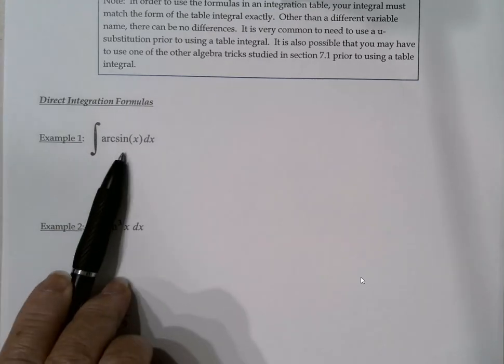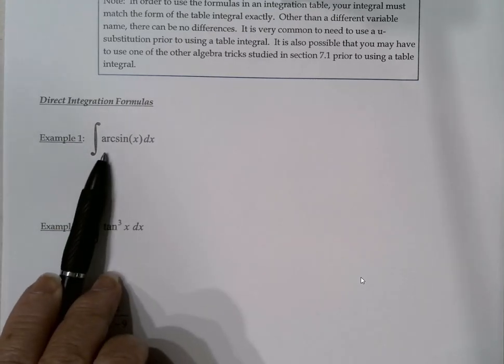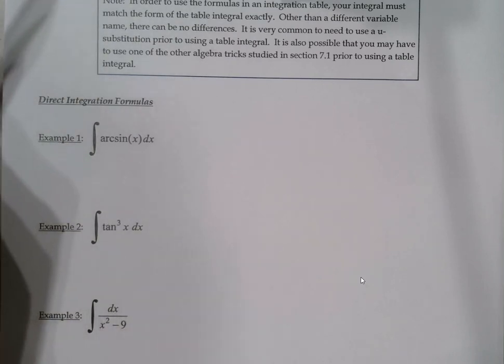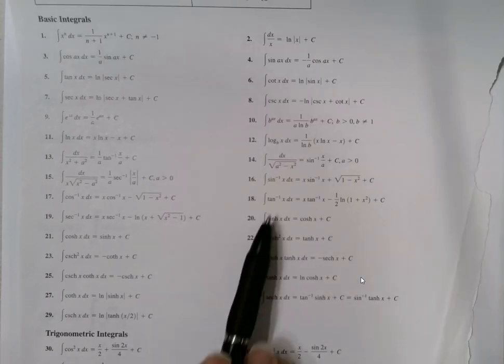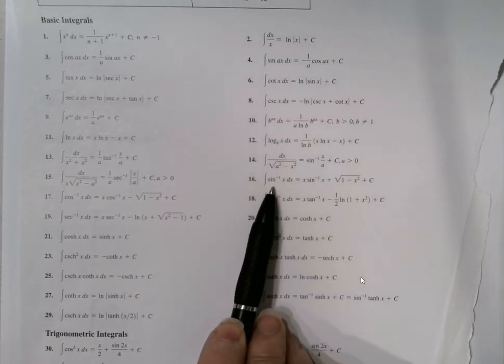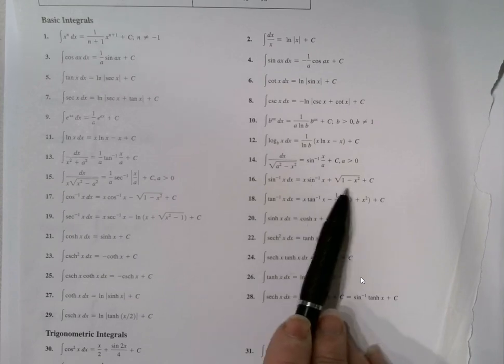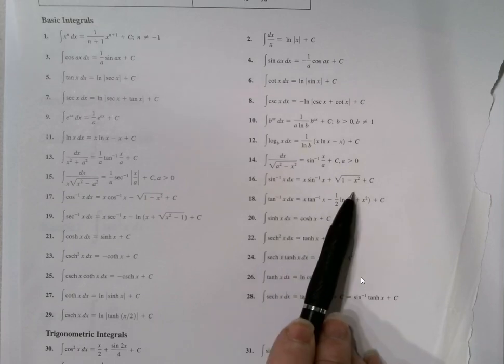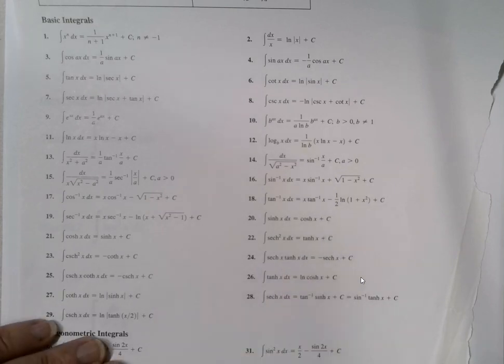In our first example, we want the integral of arcsine x dx. If we simply look for this one, it sounds pretty basic. I'm looking at my basics, and they do happen to call it inverse sine, but there it is. And we're simply going to copy down the answer, and it's as simple as that. So I have x inverse sine of x, or arcsine x, plus the square root of 1 minus x squared, plus c.